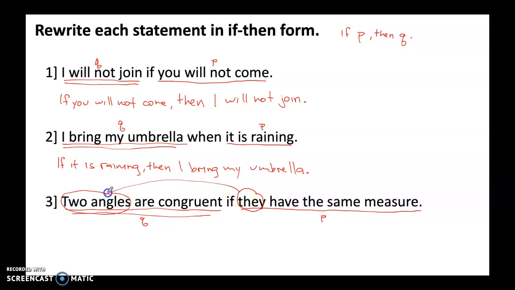So to write a sentence, we should start with the noun and then pronoun. So they will change to two angles.